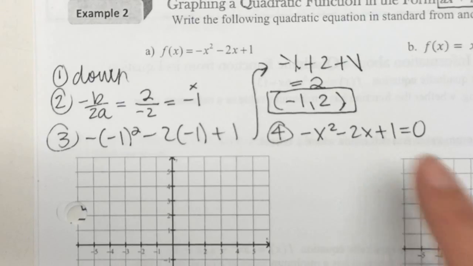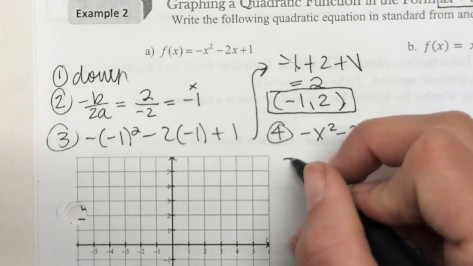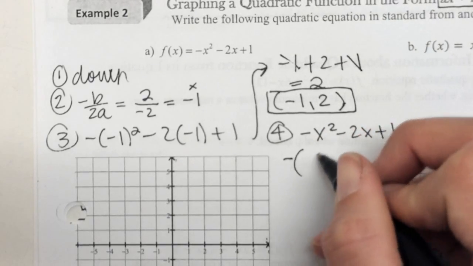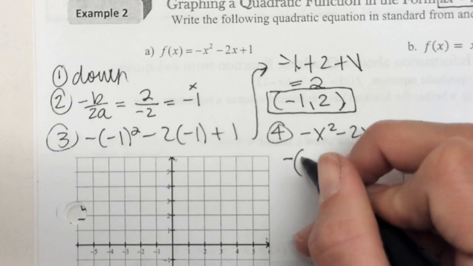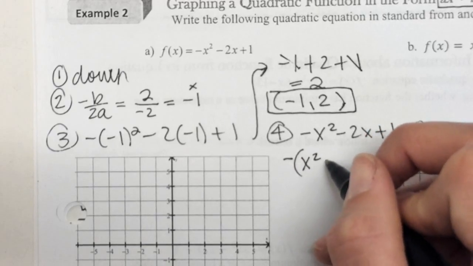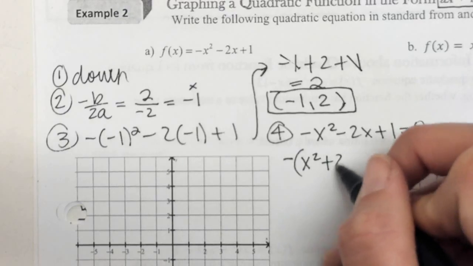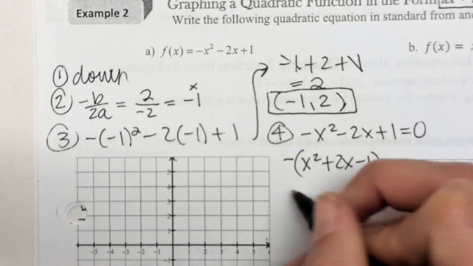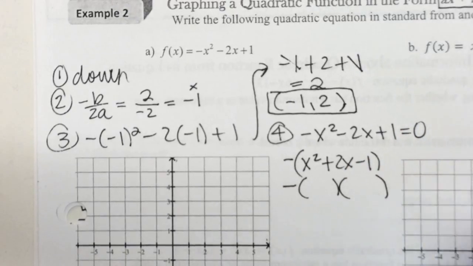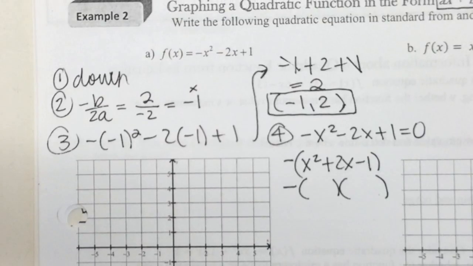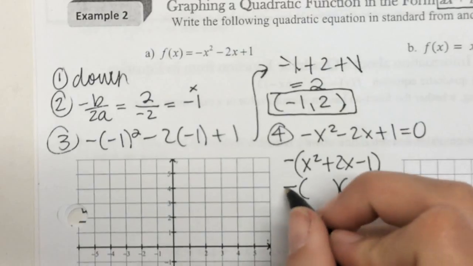Factor. Good. Let's take this negative 1 out to make it easier. If I took a negative 1 out of everything, I would get what? Plus 2x minus 1. And now this is really easy to factor. Right? I think. Nope. Mark that out.